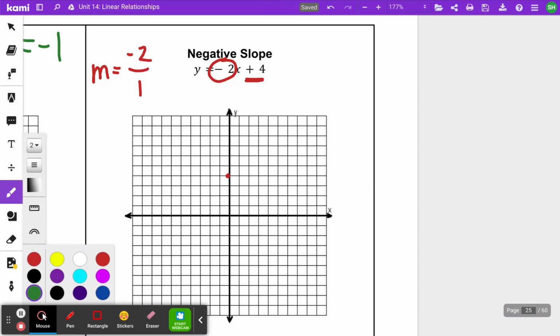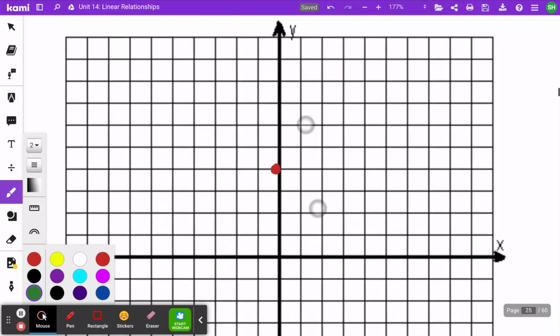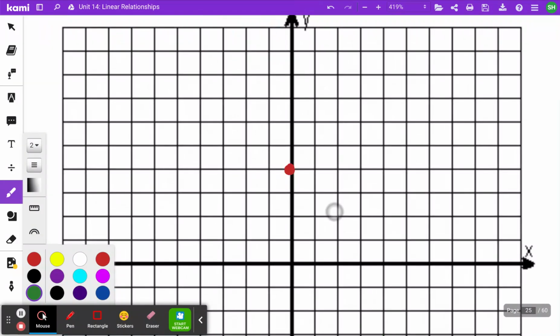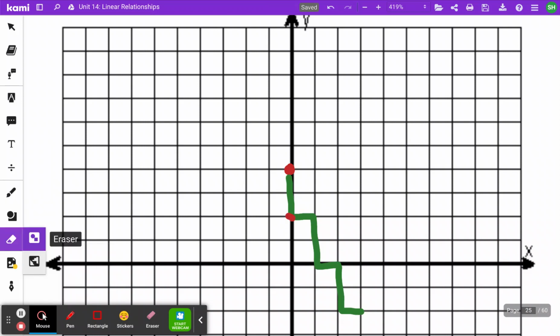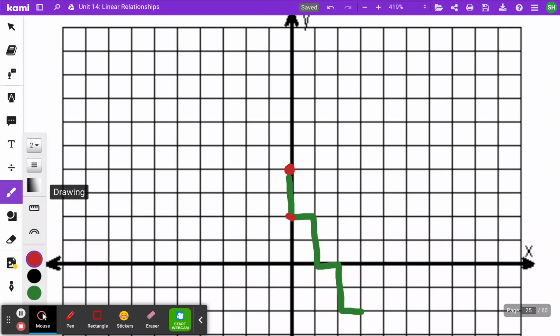So every other point from this starting spot, this y-intercept, is going to be -2/1. Or in other words, down 2/1. Down 2/1 on repeat. And that's going to help me find the rest of my points.